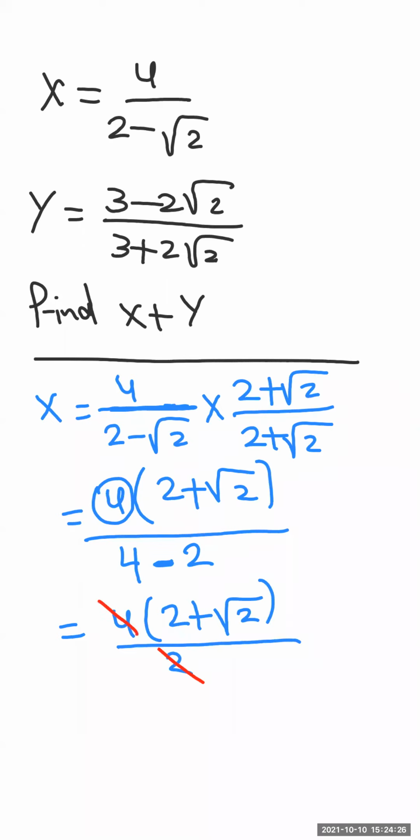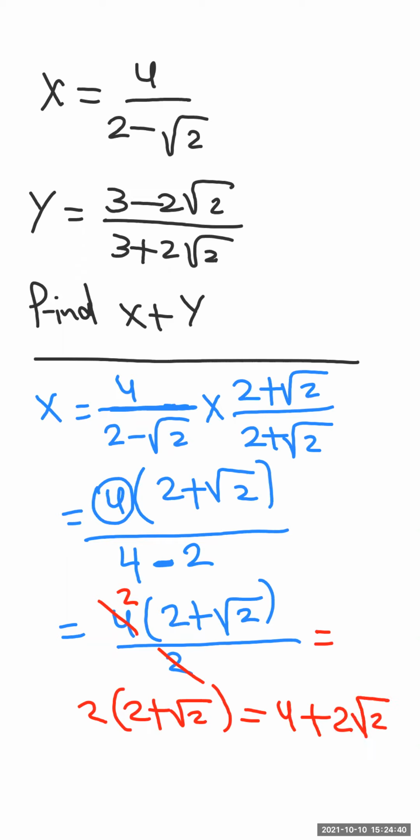Simplify these two numbers, so it will equal 2 times 2 plus square root of 2, which means 2 times 2 is 4, plus 2 times square root of 2, so 2 square root of 2. So finally, x will equal 4 plus 2 square root of 2.